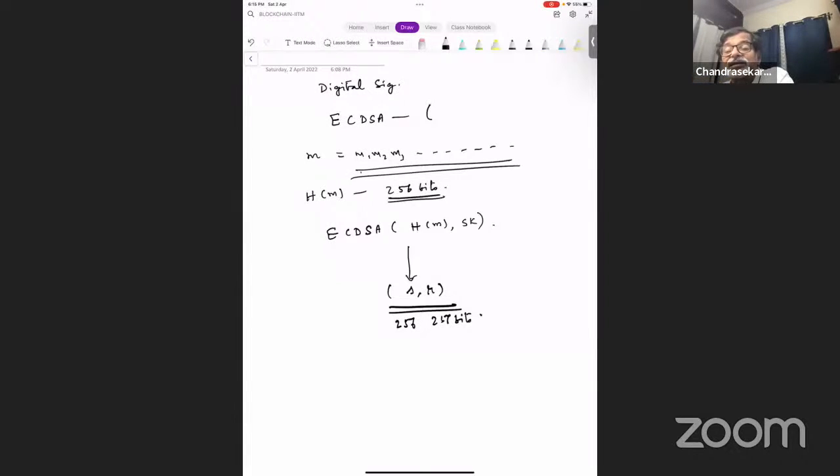Someone cannot fool you that the actual message is M dash. That is an integrity check. You present me a check for 1,000 rupees. Suppose I didn't touch your signature.